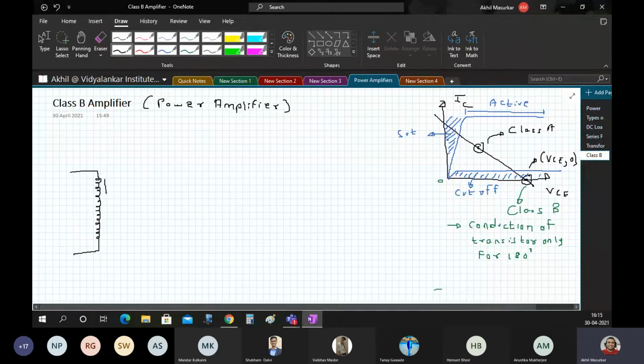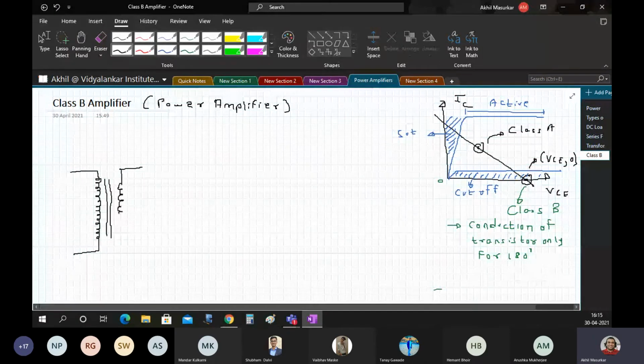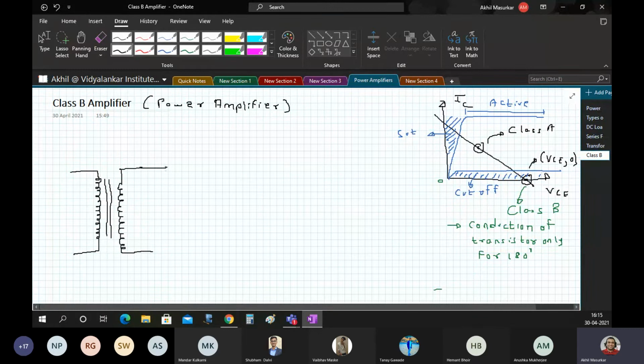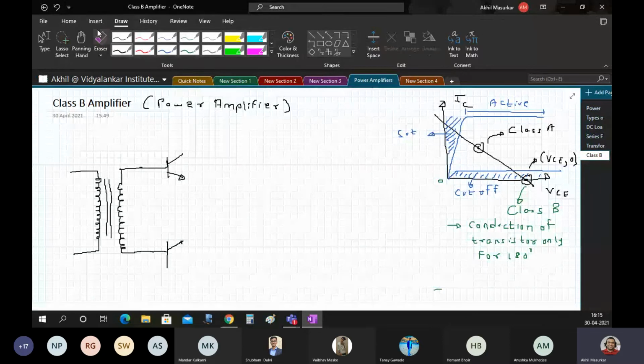This will also have a transformer. Please draw like this. There are two transformers. Then first we have an NPN transistor, and then we have a PNP transistor.